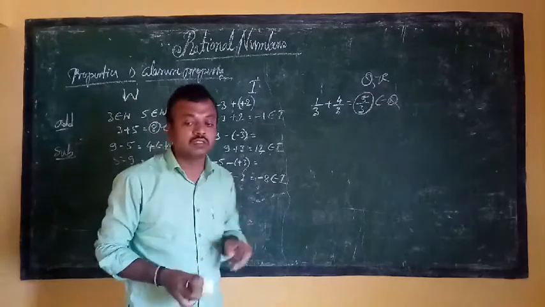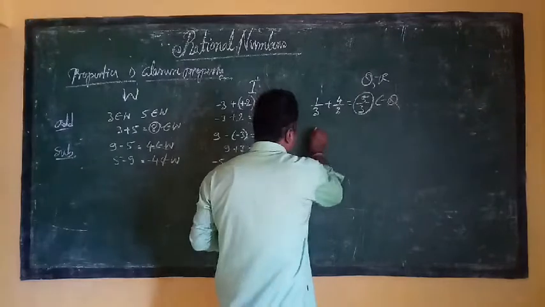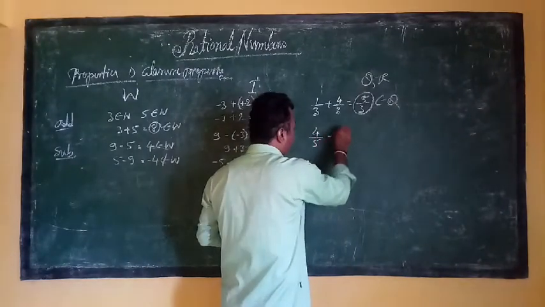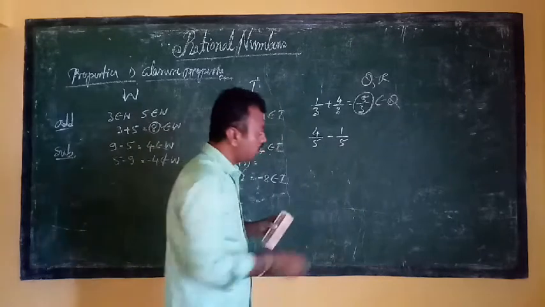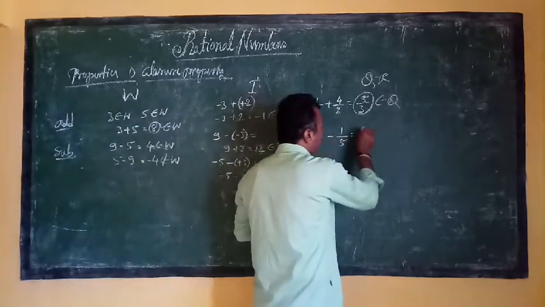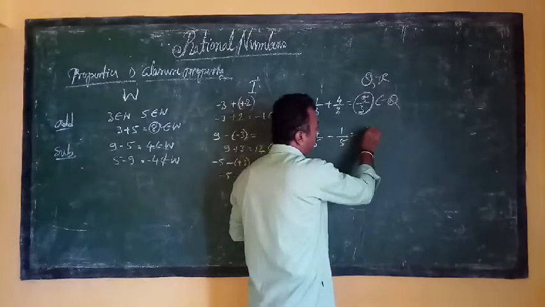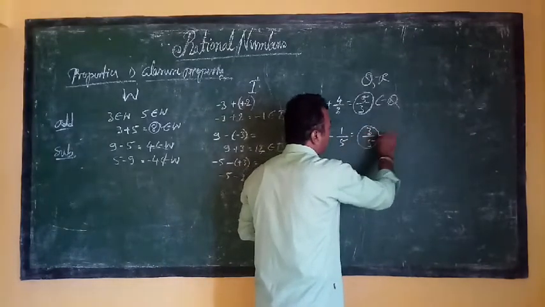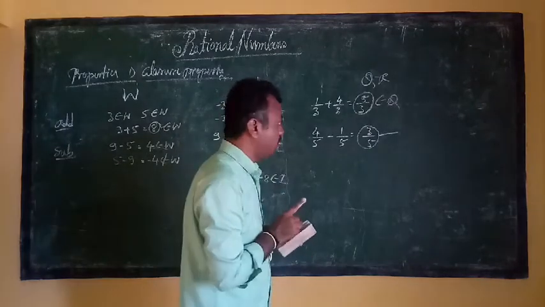In rational numbers, we can take any two rational numbers. See, 4 by 5 minus 1 by 5. These two are rational numbers. I will subtract. The denominators are the same, so subtract the numerators. 4 minus 1 is 3, so 3 by 5. 3 by 5 is a rational number.